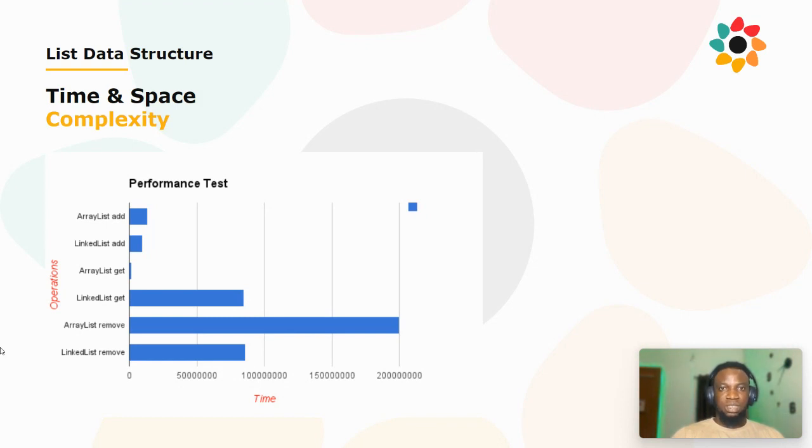In that case you have the index, so it's faster to use the index to get the value of that particular element. So do you understand that? I'll definitely talk about some of the real life use cases of linked list and array list moving forward.